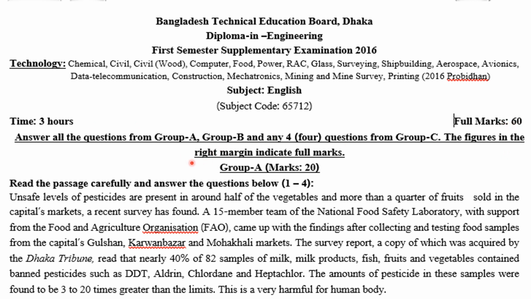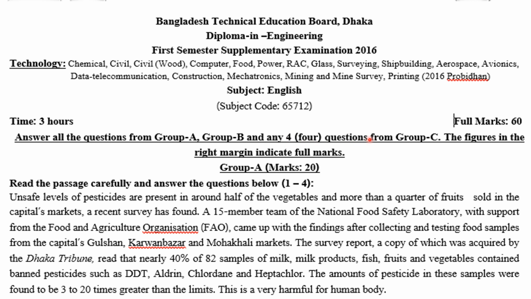In group A, look at how you have to answer the questions of this question paper. Answer all the questions from group A, group B, and any 4 questions from group C. That means there are 5 questions, and from these 5 you have to answer only 4.